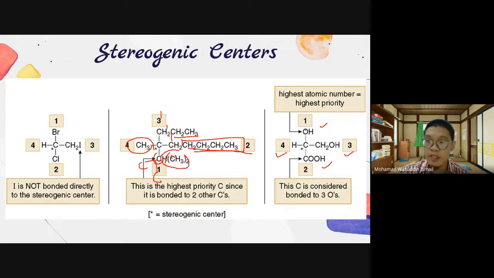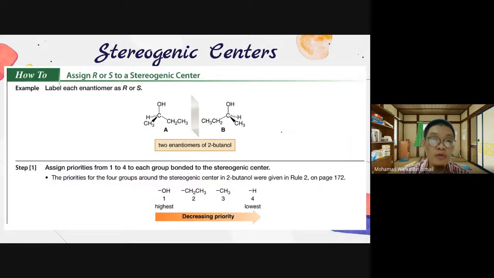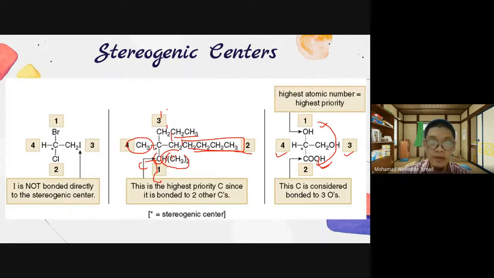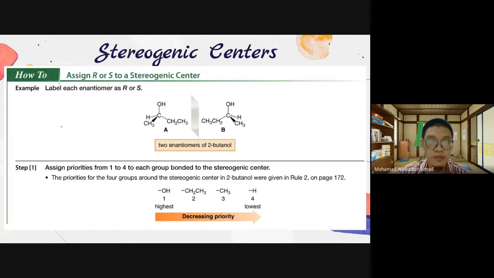This is important because you want to look at the rotation, which one is number 1, number 2, number 3. So how do we assign R and S? You cannot assign it directly from this particular drawing. The most important thing is that stereoisomers must be considered in 3D.